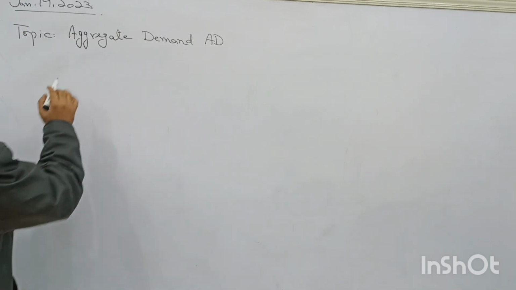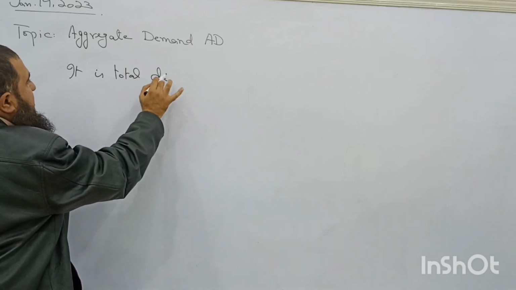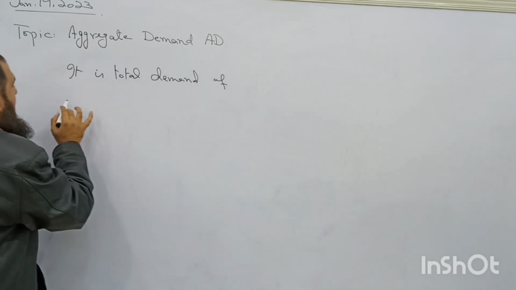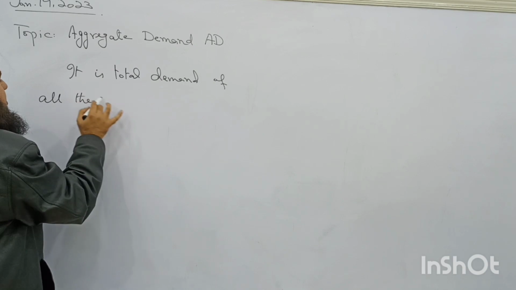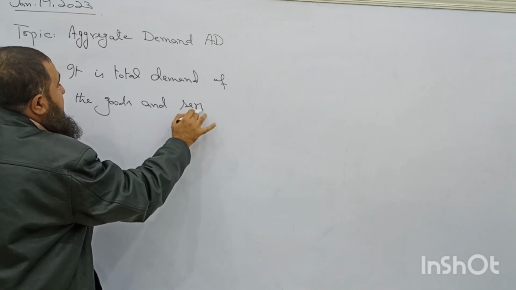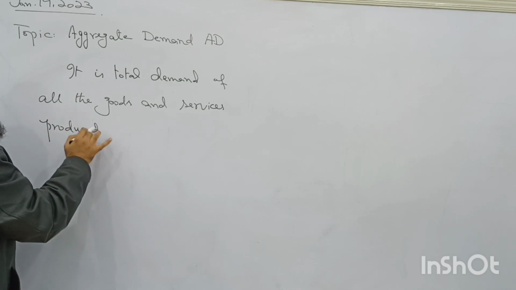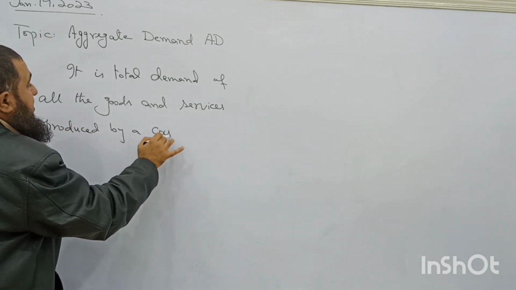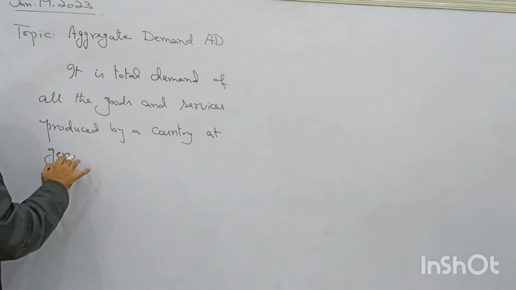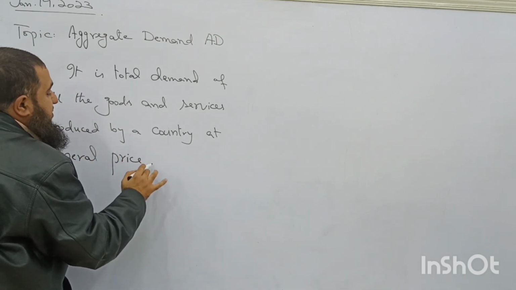So it is the total demand of all the goods and services produced by a country, not a single market, at general price level, not a single good's price, in a given year.